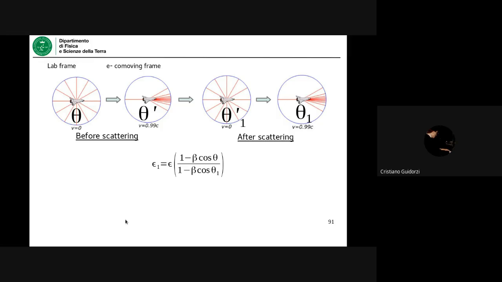So let's consider some very special cases. Here I just copied the previous formula. Let's consider two extreme cases. First, a head-on collision in the lab frame. Head-on means that the electron is moving this way and the photon is moving the opposite way.